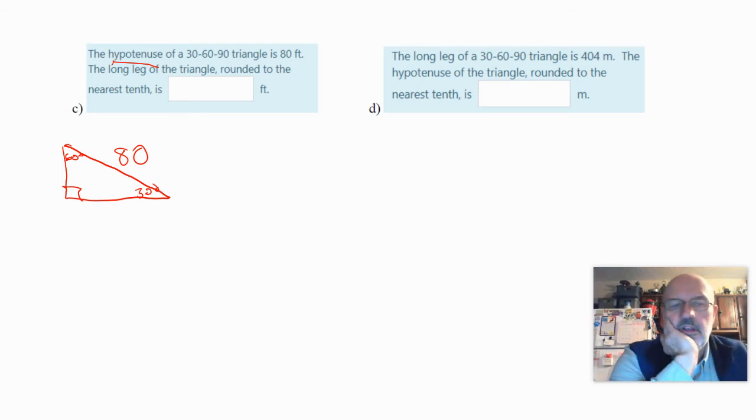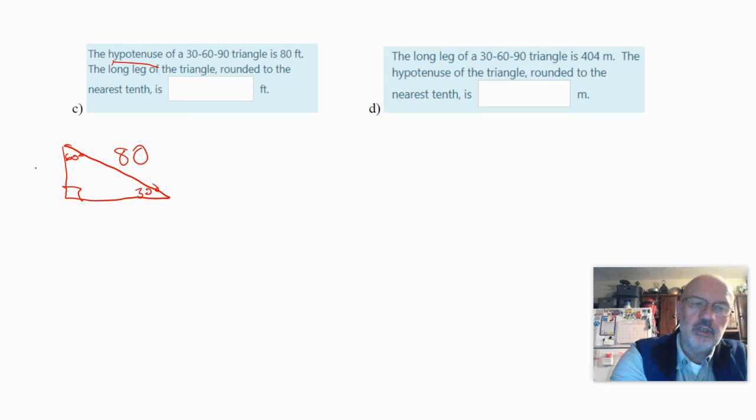And they want to know the long leg. So this is where we have to remember that the 30-60 right triangle is a special right triangle, and everything revolves around the short leg. The hypotenuse is twice the length of the short leg, which means thinking that backwards, the short leg is half the length of the hypotenuse.